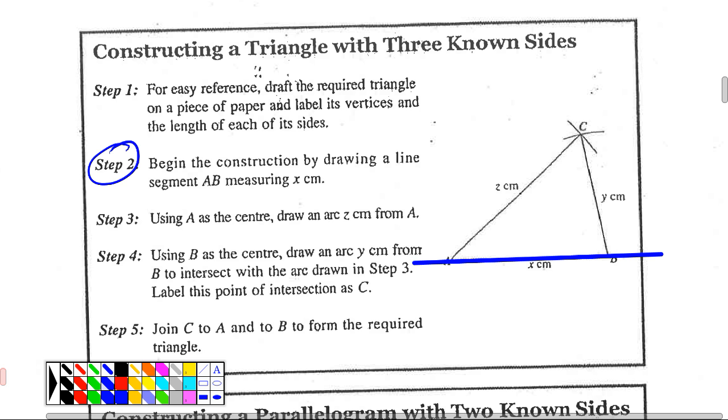Very simple, you just place your compass into the hole. I just want you to rest the point into the hole that we created. Measure 4.2 cm using your ruler.